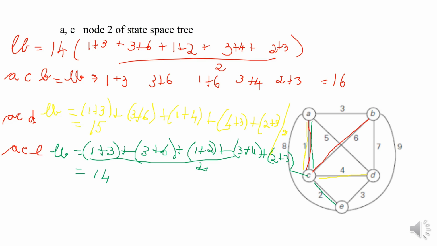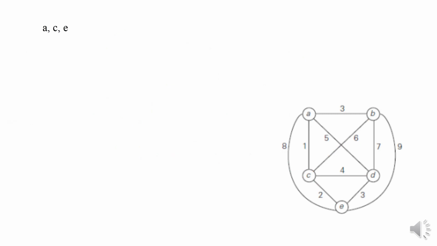So if we were to expand node 2, we would be getting 3 child nodes with lower bounds 16, 15 and 14. So the best one would be the one with the lower bound 14. So we would next expand this particular node, that is having the values ACE. Let us try to expand this ACE. We have two options.